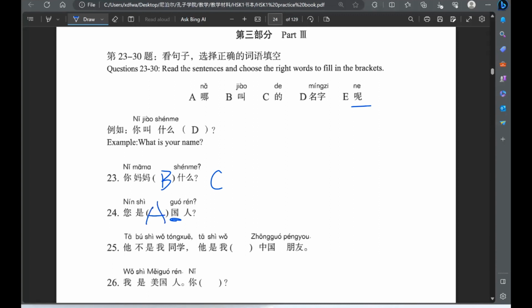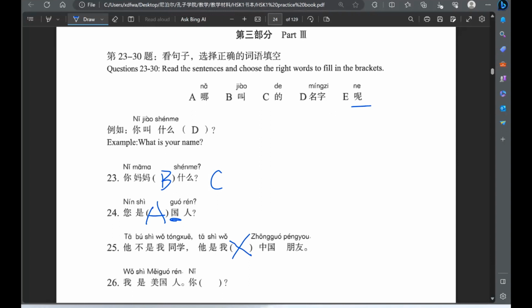25. Question 25. 他不是我同学 He is not my classmate. 他是我什么中国朋友. If we first ignore this bracket, 他是我中国朋友 is actually right, especially in oral speaking. He is my Chinese friend.